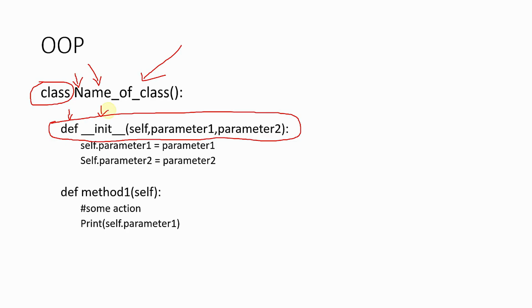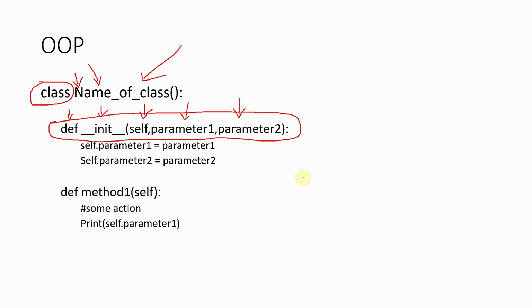We will talk about this in detail in the next video. For now, just remember this init definition will always be available whenever you create a class, and it is followed by self, and after self we are passing the arguments of the class.